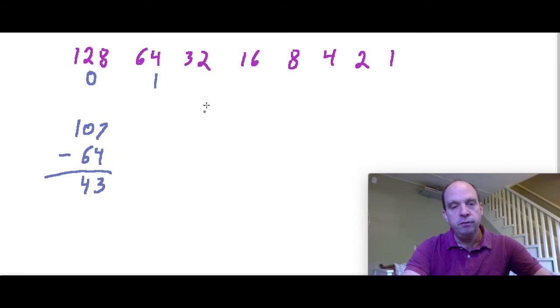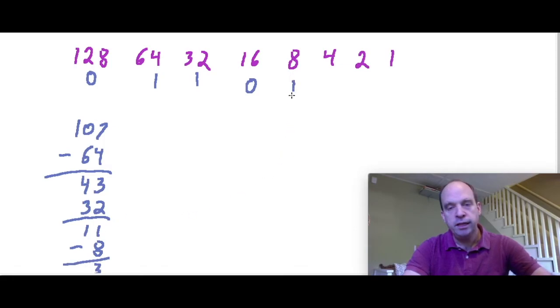We can fit 32 in 43, so we're going to take out a 32, subtract, and we get 11. We can't fit a 16 in 11, so we'll put a 0 there. We can fit an 8, subtract 8, and we get 3. So we subtracted one 8. Well, we know from 3 we can't fit a 4, but we can fit a 2 and a 1.